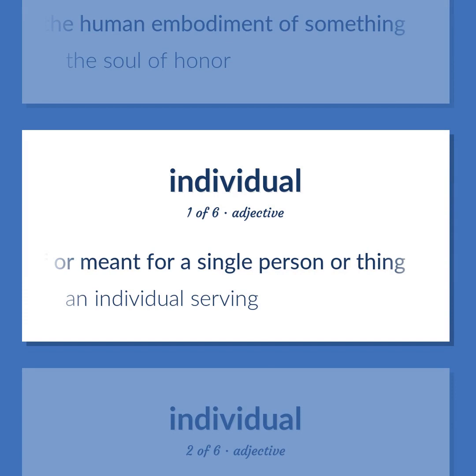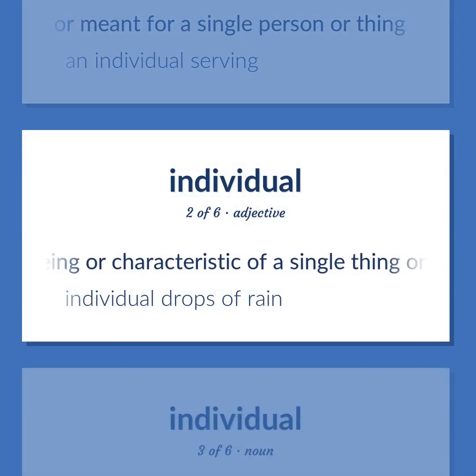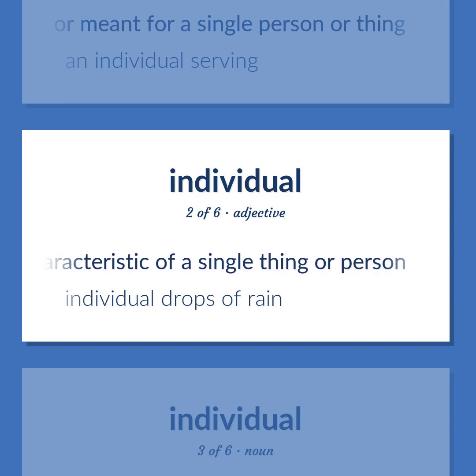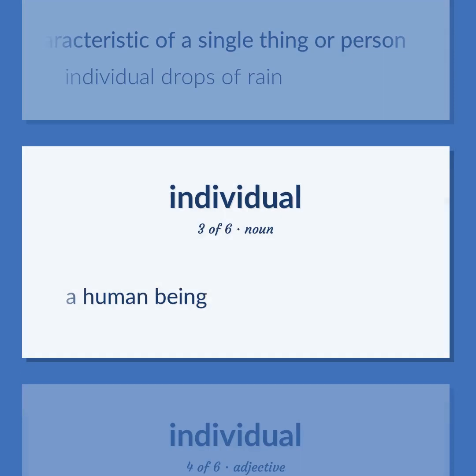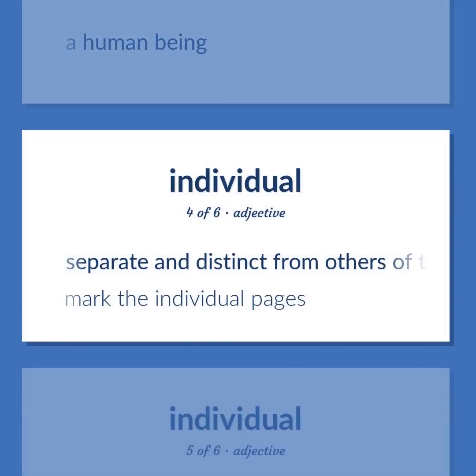An individual serving. Being or characteristic of a single thing or person. Individual drops of rain. A human being. Separate and distinct from others of the same kind. Mark the individual pages.